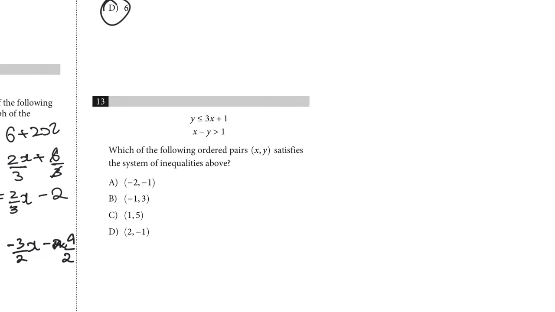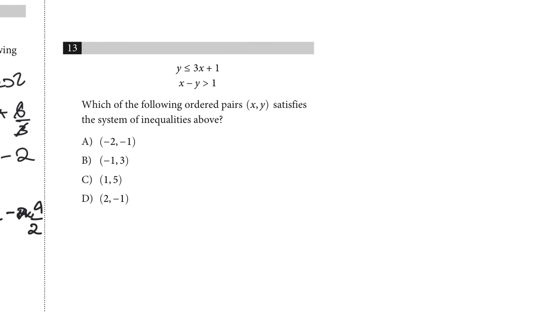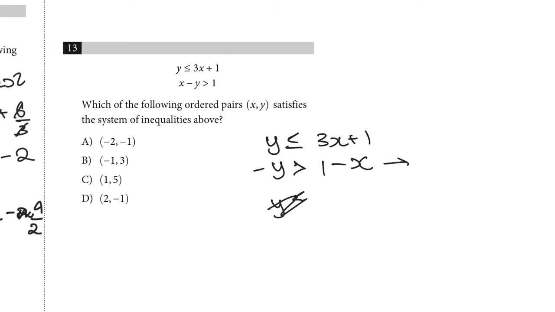Okay, the 13th one, y is less than, okay, we have two inequalities. Which of the following ordered pairs xy satisfy the inequalities above? Alright, so let's try bringing this in terms of y, or just one variable. So that would be minus y is more than 1 minus x, and at this term we convert this, right?